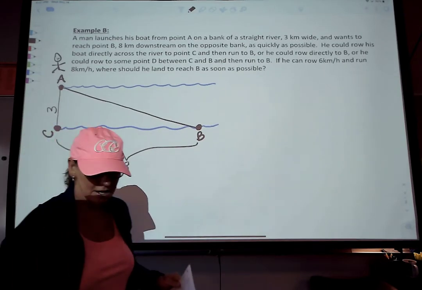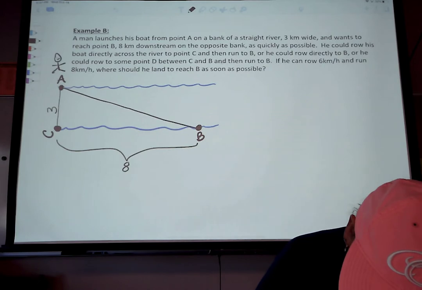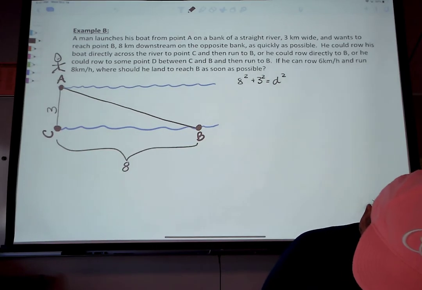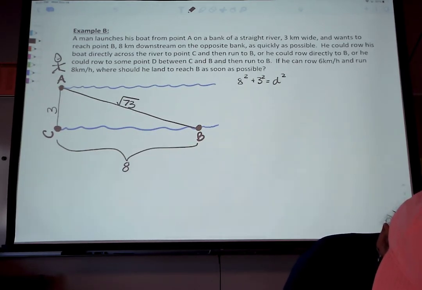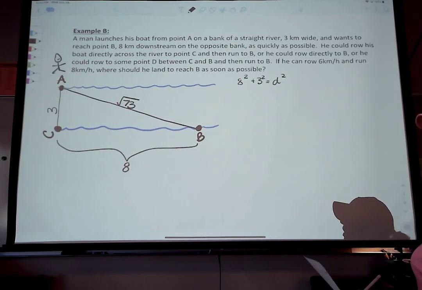Can I label that? Yeah, I can label that. So we got a right angle. So we've got 8 squared plus 3 squared equals our diagonal squared. So it turns out that is radical 73. 64 plus 9. Yep, radical 73. Okay, so that's option number 2.